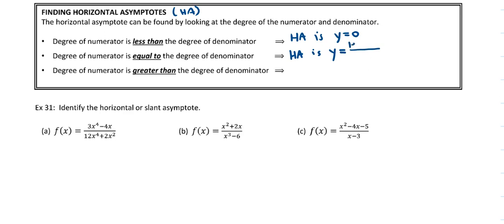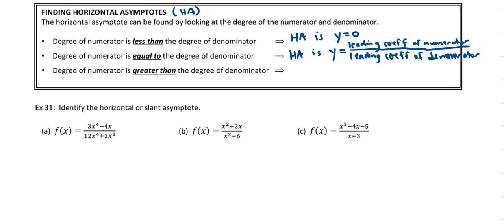So we're going to take the leading coefficient of your numerator and the leading coefficient of your denominator. You set it up as a ratio or a fraction, and then if you are inclined to, you can see if it reduces, but you don't really have to do any dividing.